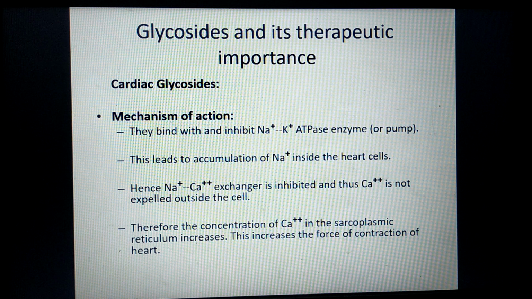So as the sodium does not enter the cell, the calcium doesn't come out, and this calcium within the cell gets stored in the sarcoplasmic reticulum, and whenever it is required for muscle contraction, it is released into the cytoplasm. As more calcium is available in the cell, the contraction of heart muscle increases.